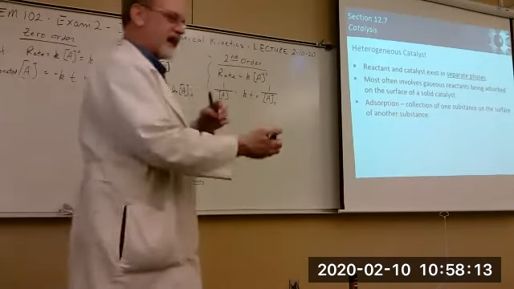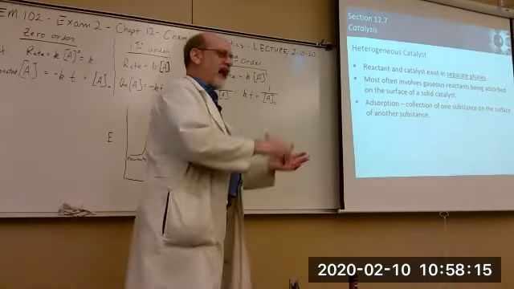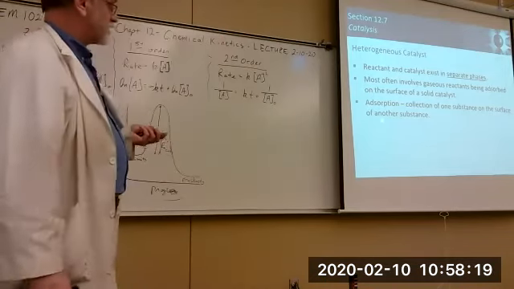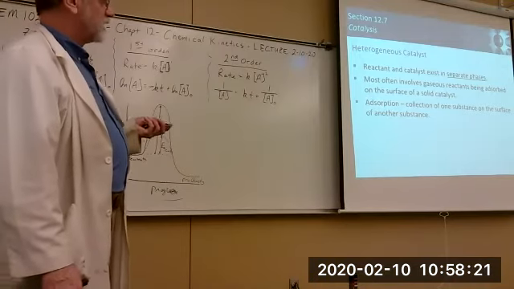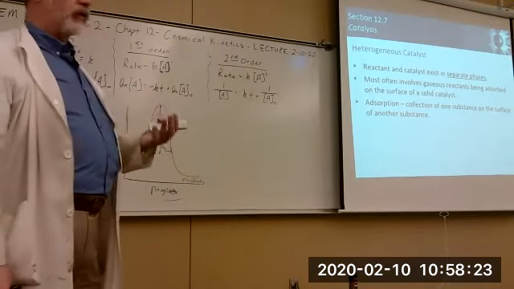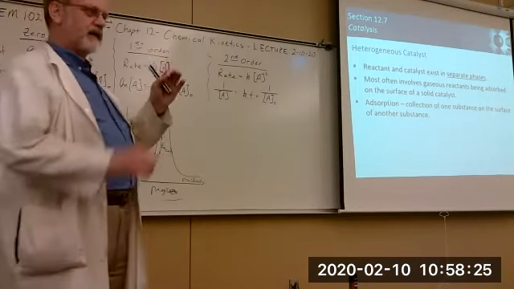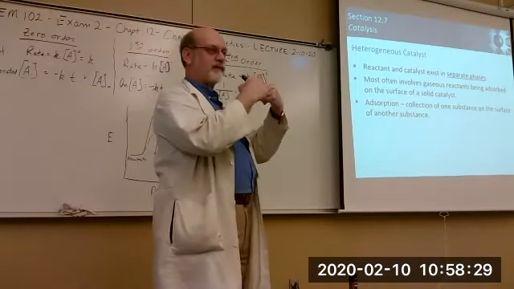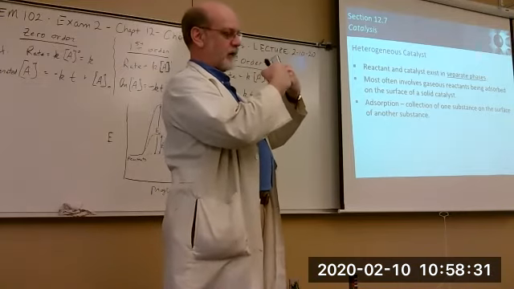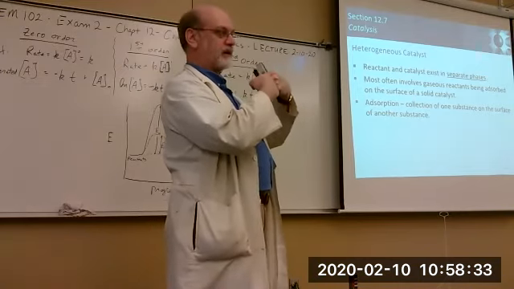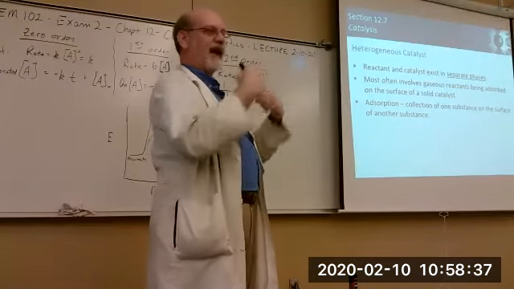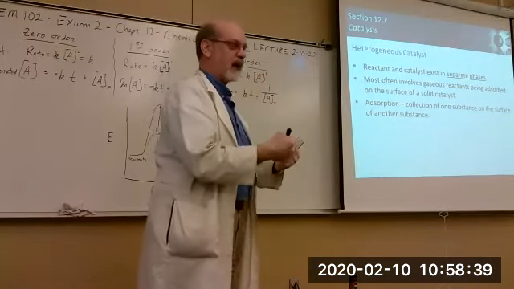You have a solid phase catalyst and your reactants are gases. And in that case, the reactants are adsorbed to the surface of the catalyst. What that does is it fixes their orientation. So at the same energy level, they're properly oriented so that more of those impacts produce reactions.